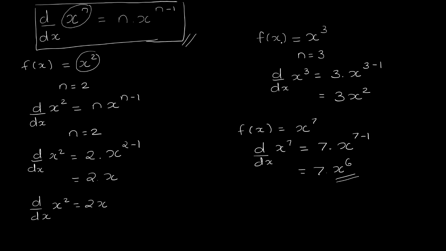For x square we found 2x, for x cube we found 3x square, and for x raised to 7 we found 7 into x raised to 6. They are called the derivatives of these functions. So 2x is the derivative of x square, and this entire process of finding the derivative is called differentiation.